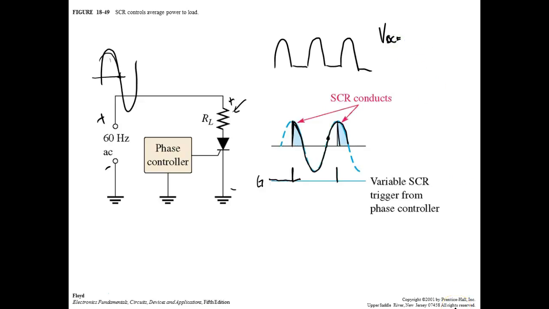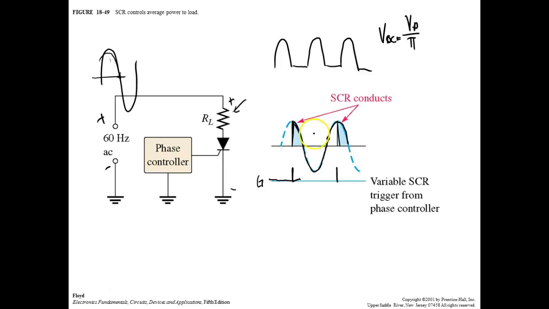We've been dealing with these dang things all semester long, and nobody in here knows the formula for the output of a half-wave rectifier. You're close, that's full wave. V peak over pi for half wave.